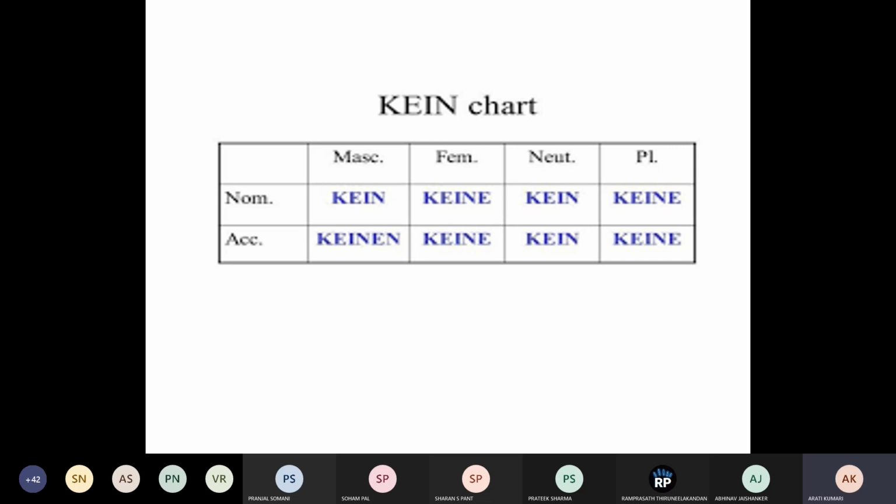But in German, both get fused in the word kein. So you simply replace not a with kein, but again, depending on gender, you change the form. So, er ist kein Ingenieur. When you are using kein, you always put it before the noun.